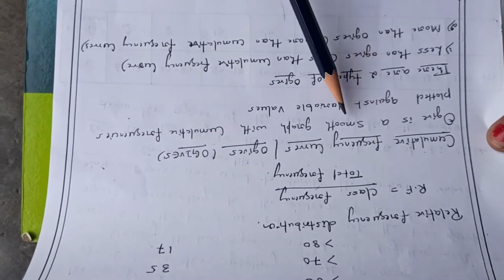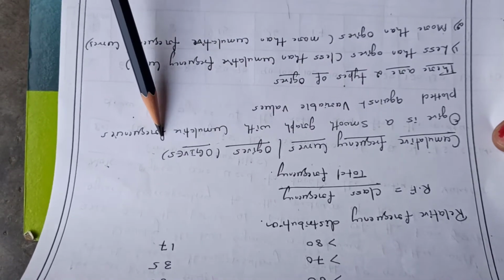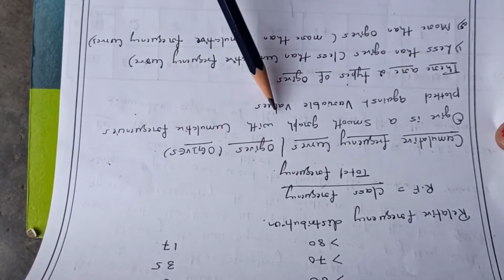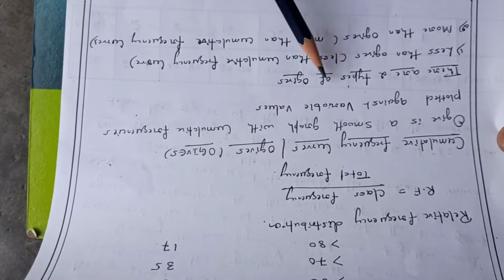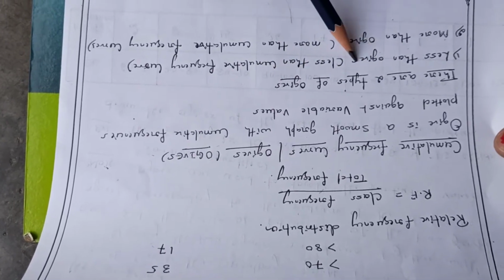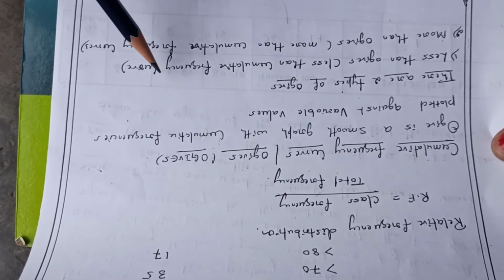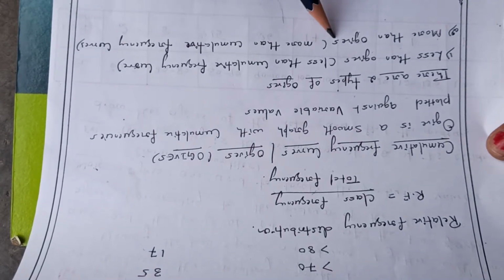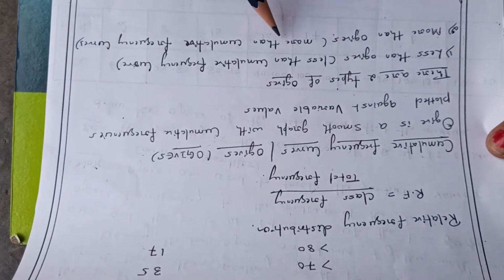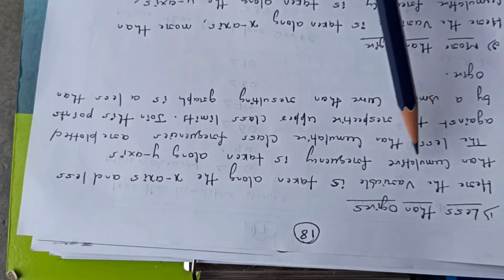So ogive is a smooth graph with cumulative frequency plotted against variable values. There are two types of ogives: less than ogives, that is less than cumulative frequency curve, and more than ogives, also called more than cumulative frequency curves. Here we have a definition of less than ogives.